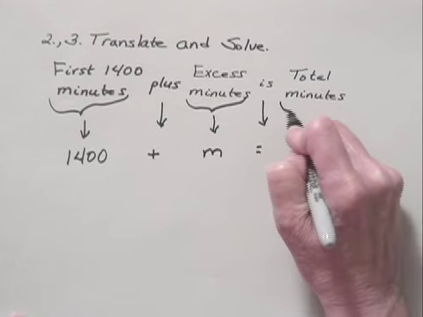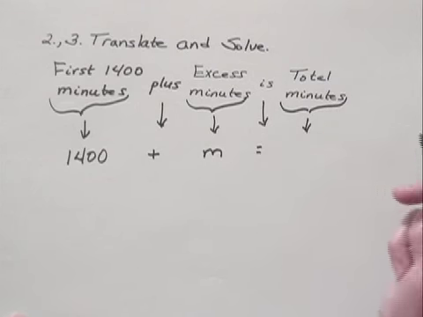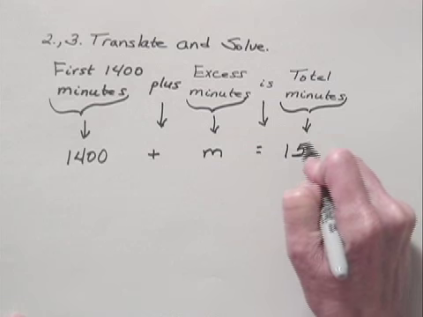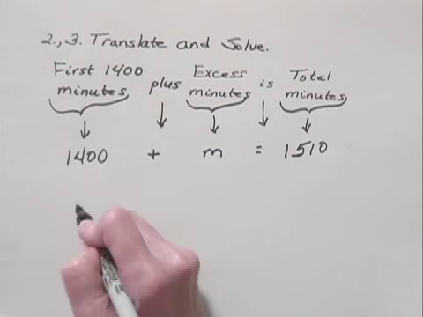translates to the equal sign, and the total minutes we were told in the problem was 1,510 minutes. So we want to solve this equation, and we can do that by subtracting 1,400 on both sides.